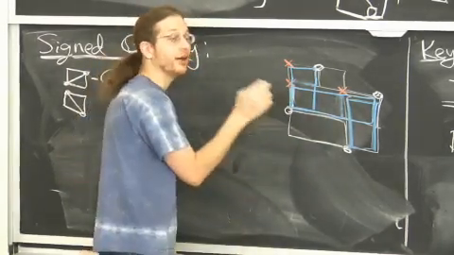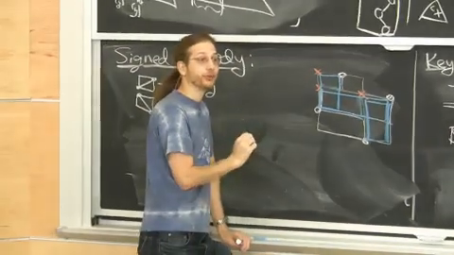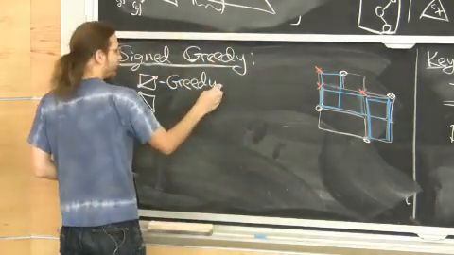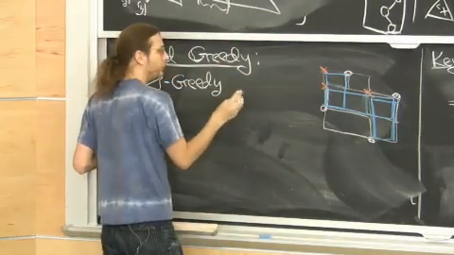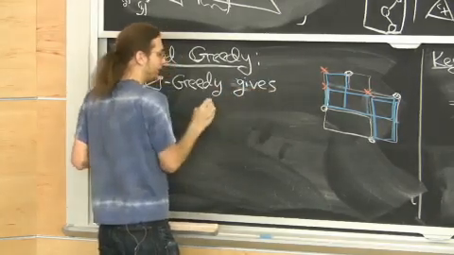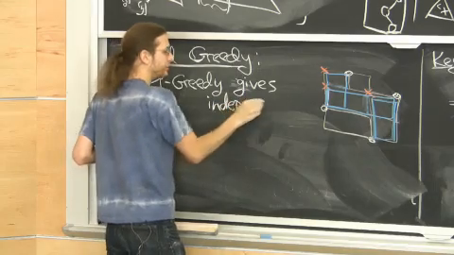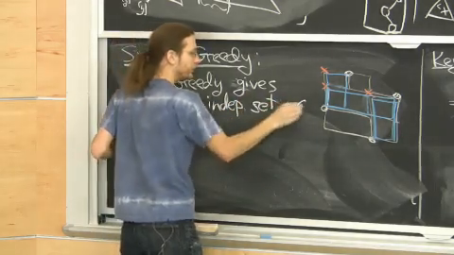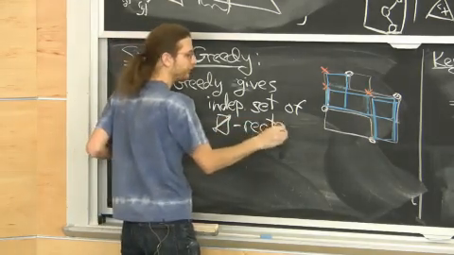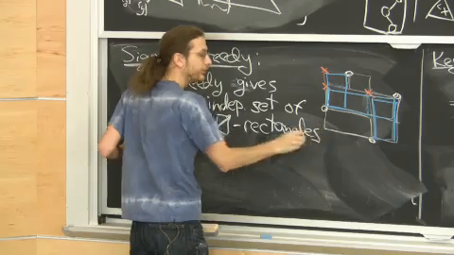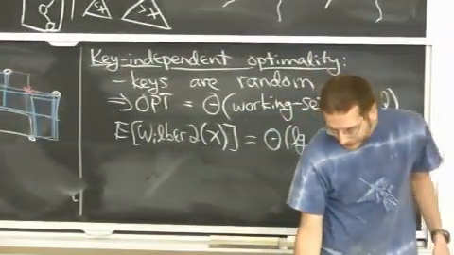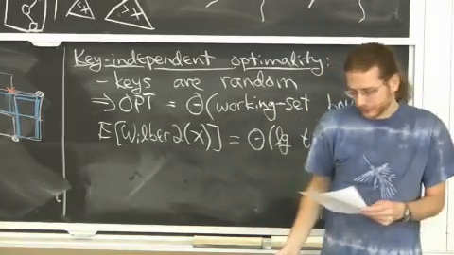Then this is a set of independent rectangles on the original points. Maybe not totally obvious, but plus greedy will always give you an independent set of plus rectangles. So it's a lower bound. It's not an upper bound because it's not satisfying the point set, but it's a lower bound. I claim it's a very good lower bound.